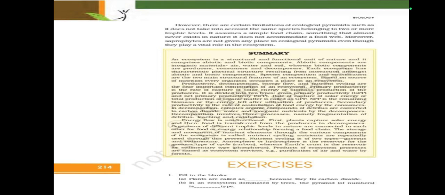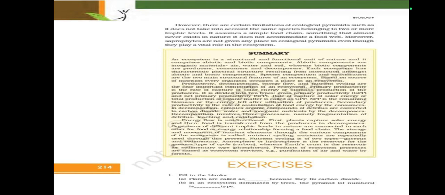Species composition and stratification are the two main structural features of an ecosystem. Based on the source of nutrition, every organism occupies a place in an ecosystem. Productivity, decomposition, energy flow, and nutrient cycling are the four important components of an ecosystem.